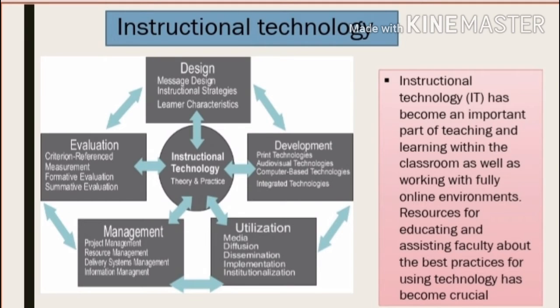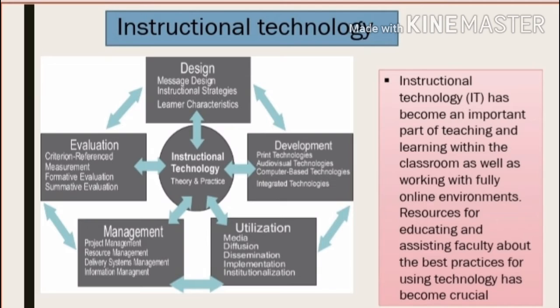Next is instructional technology. First is design. It may include message design, instructional strategies, and learner characteristics. Second, development. It includes different technologies: audiovisual, computer-based, and integrated technologies. Third is utilization.